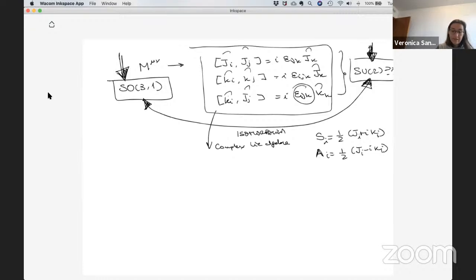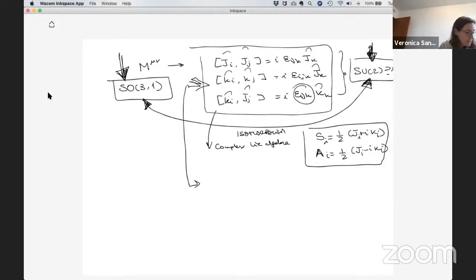Instead of thinking of this algebra over here and how confusing it is, I'm going to rephrase it in terms of these linear combinations. Surprise, surprise, when you do this, those properties end up being much simpler. So it's S with S goes to S, with the ijk's, I'm not going to write them because I'm lazy. A with A leads to A, and A with S do not talk to each other.